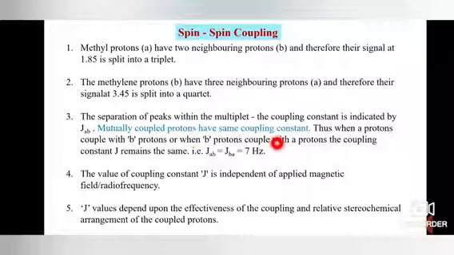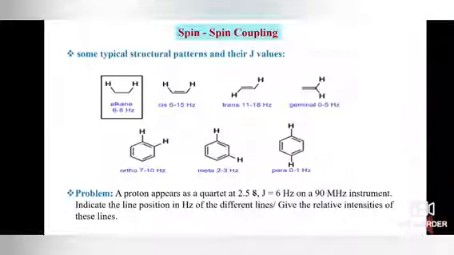Mutually coupled protons have the same coupling constant. We have seen that JAB is equal to JBA, equal to 7 Hertz. The value of coupling constant J is independent of the applied magnetic field or radio frequency. The J value depends upon the effectiveness of the coupling and the relative stereochemical arrangement of the coupled protons. Here are some examples, and their J values are also given.